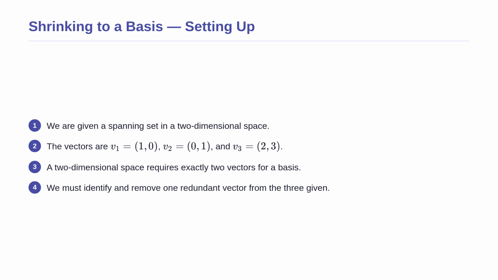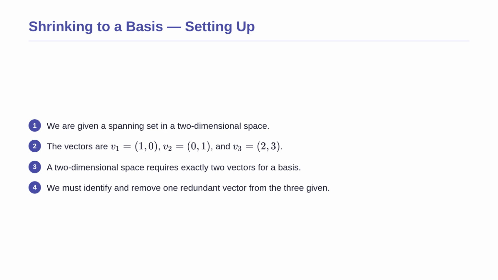Our task is to reduce this oversized set down to a proper basis. From our earlier proof, we know that a 2-dimensional space has a dimension of exactly 2. This means any valid basis must have exactly 2 vectors.